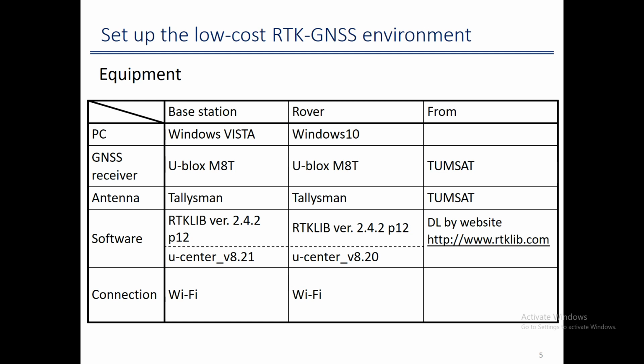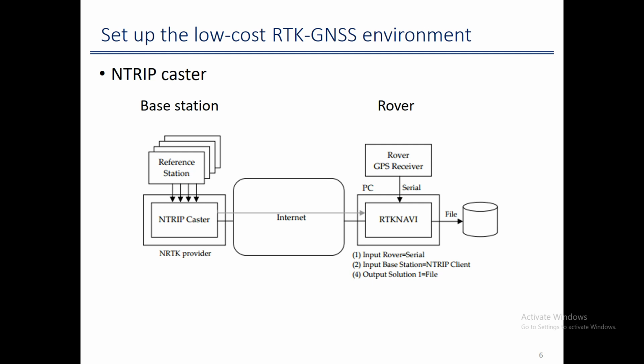A software to process the RTK picking and data received. And you also need a connection, either by Wi-Fi, data cable or data bundles, so as to access the available servers. Next, for a base and rover, an NTRIP caster is a protocol used for base rover RTK communication.